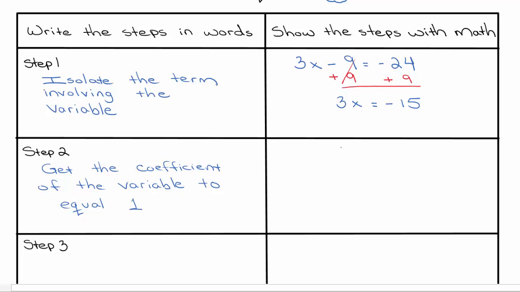So I'm going to copy down once more what I ended off with. I ended off with 3x is equal to negative 15. To isolate the x, we will need to divide both sides by 3 or multiply by 1/3. 3 divided by 3 is just going to give me a 1. So I will be left with x is equal to negative 5.